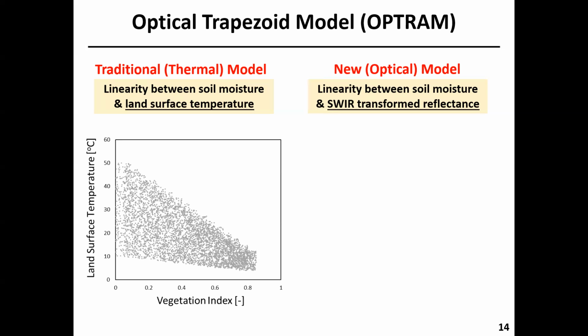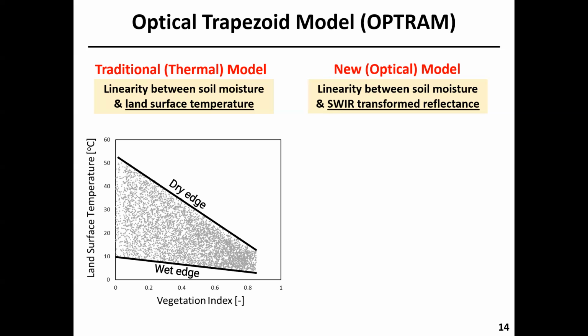So basically, in this method, if we have a satellite image and if we plot land surface temperature versus a vegetation index such as NDVI, it commonly forms a trapezoidal space.